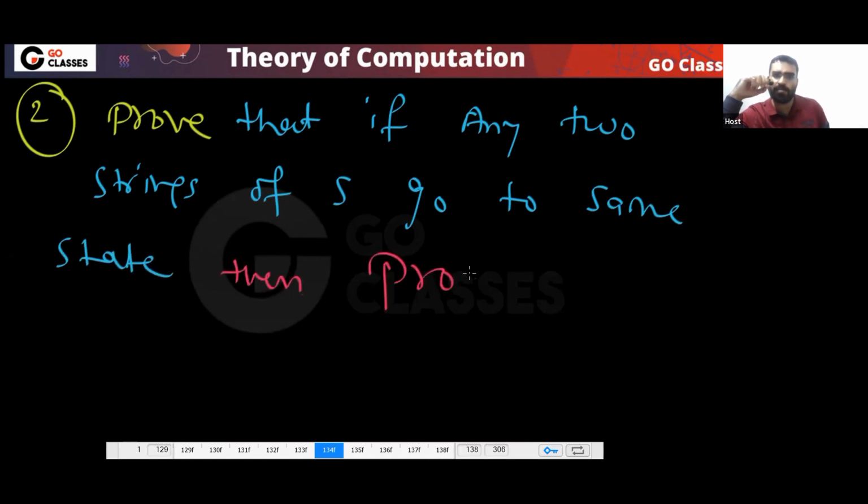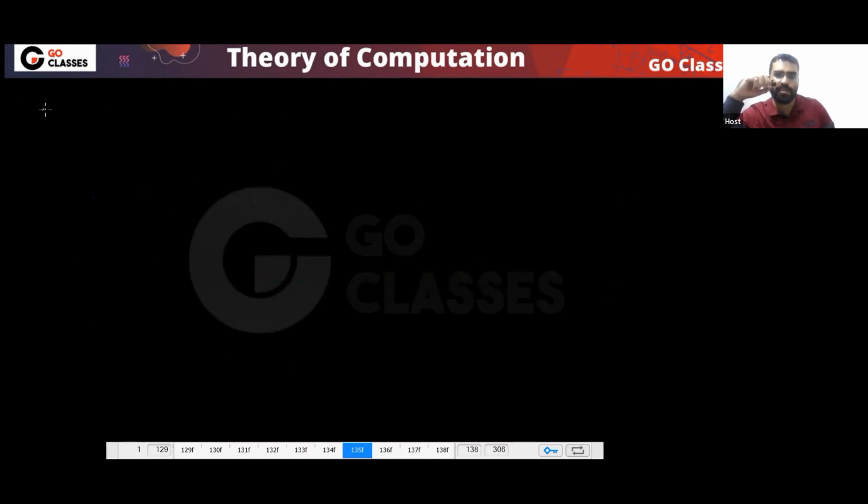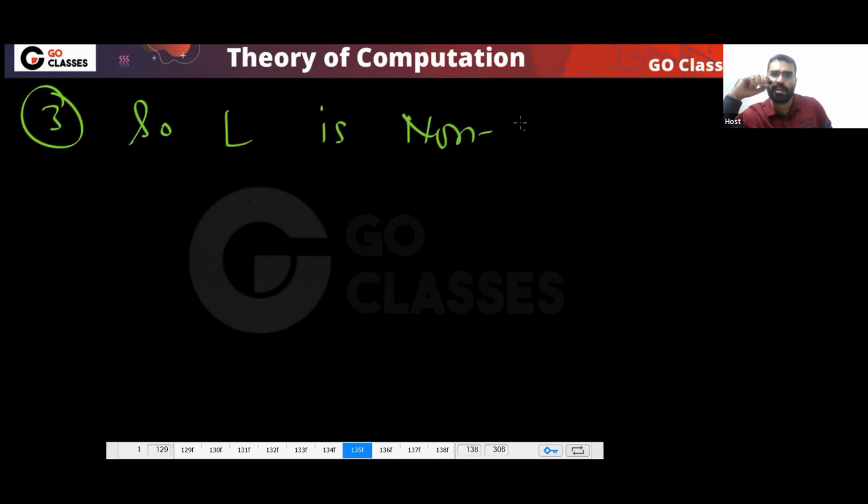Then a problem is guaranteed to happen. And that's it. The third thing is, so L is non-regular because L has no DFA.